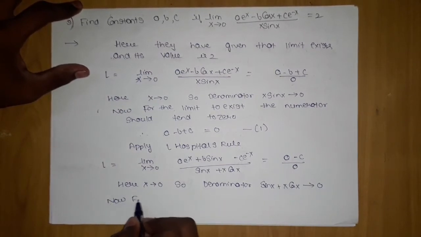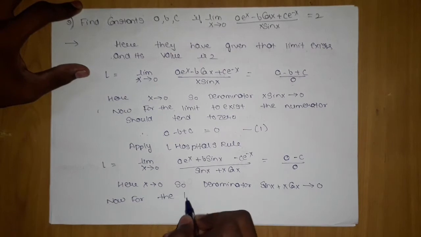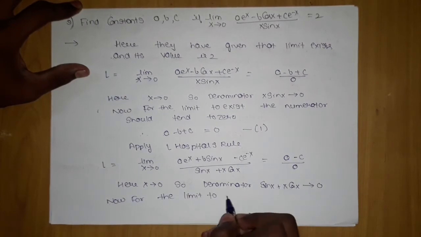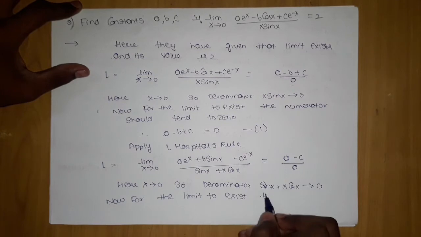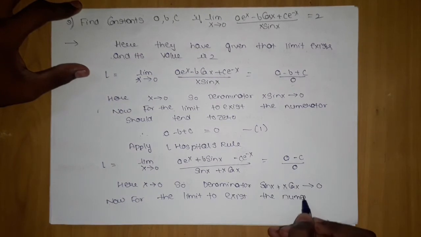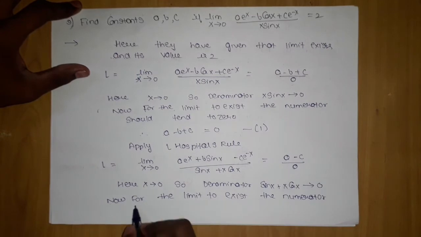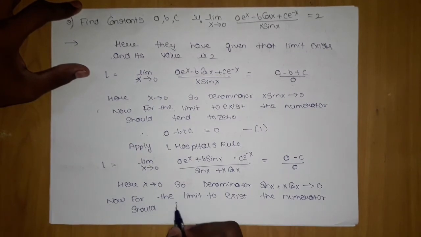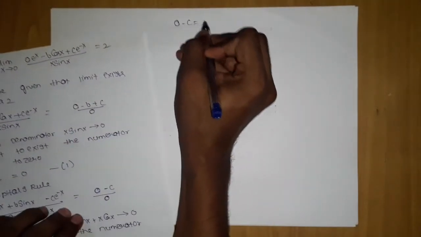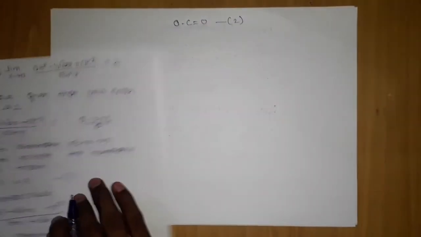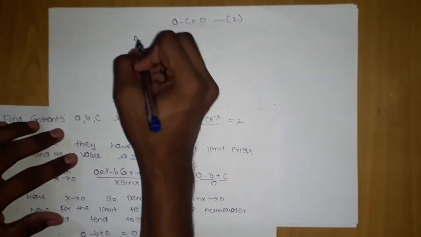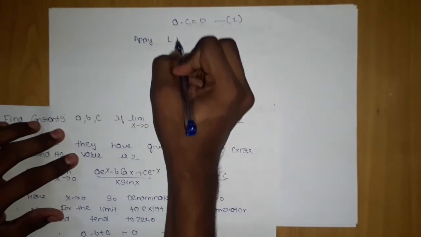Now for the limit to exist, the numerator should tend to 0, which gives me my second equation, that a minus c should be equal to 0. This will be my second equation. Now I again came to know that it is 0 by 0 indeterminate form, because we have told that it is equal to 0. Apply L'Hopital's rule.